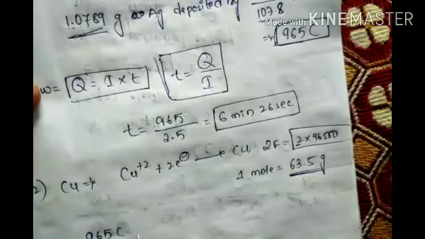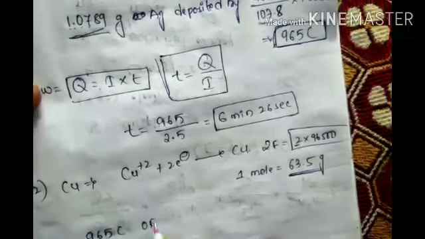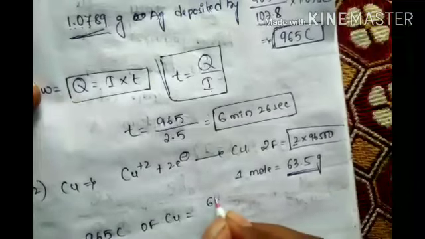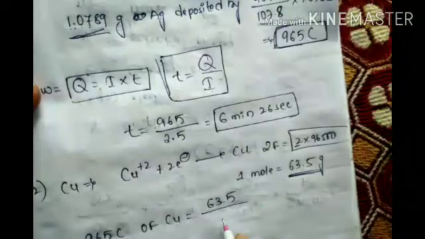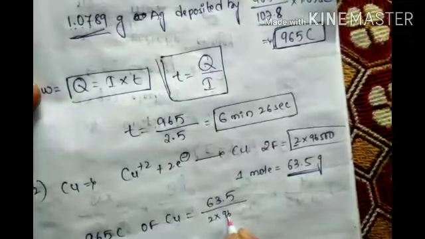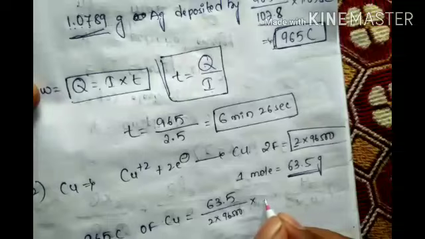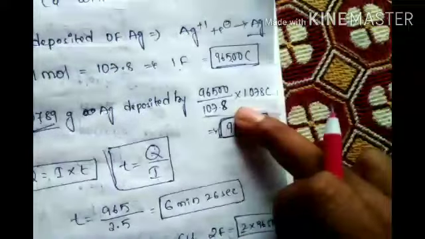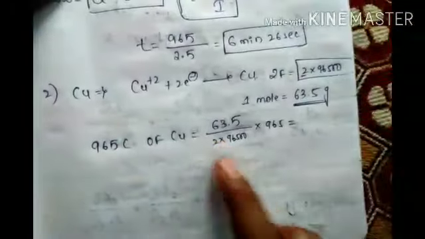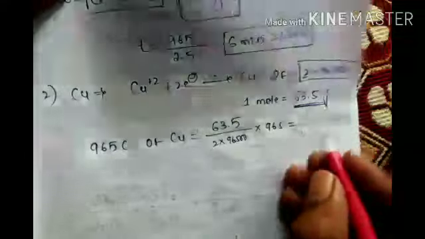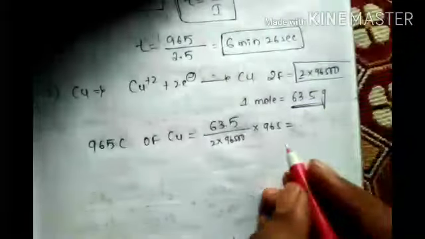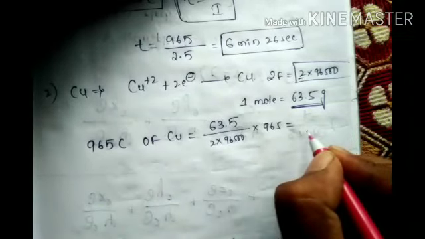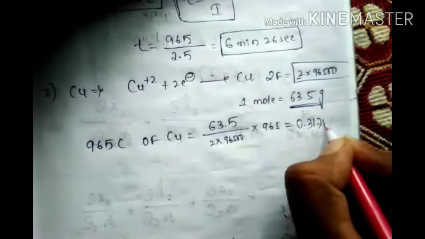So 965 coulombs of copper equals 63.5 by 2 into 96500 into 965. Before, in the fourth problem, we did the same like this. Now the answer will come: 0.3175 grams.